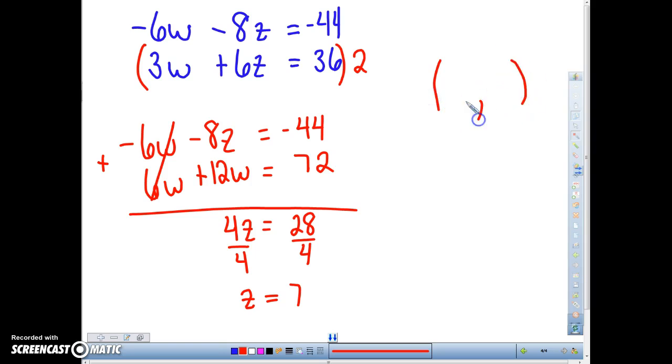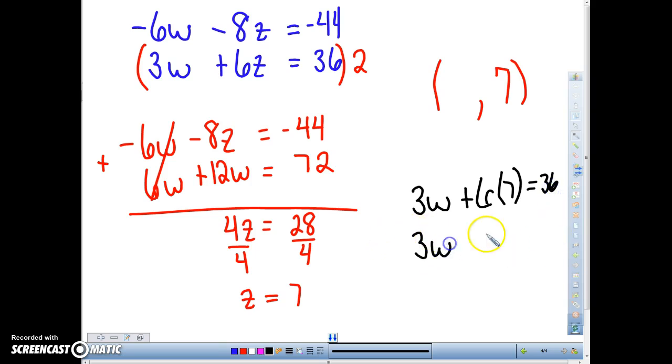The way you put your numbers, if it's not x and y, is alphabetically. So z would be the second thing, and it would be the last thing in the alphabet, so w, then z. We plug 7 back in, and plug it into one of these up here, or into the new ones, it doesn't really matter. So I'm going to pick the 3w plus 6 times 7 equals 36.